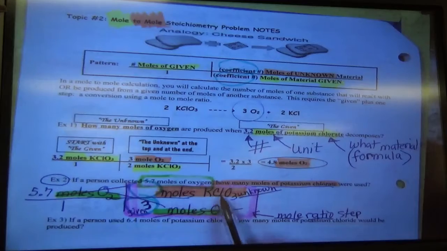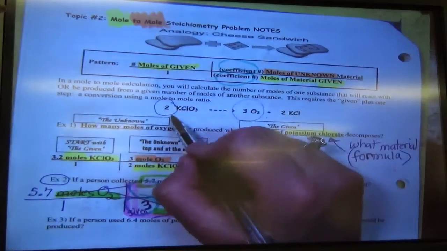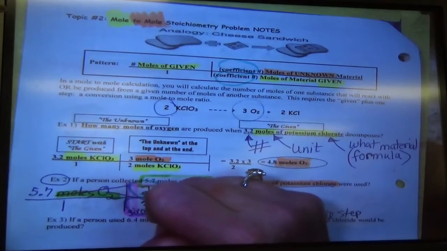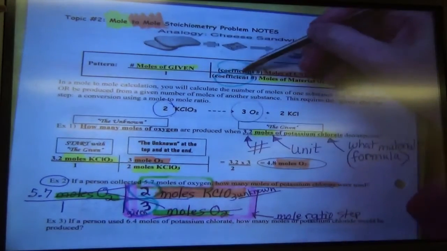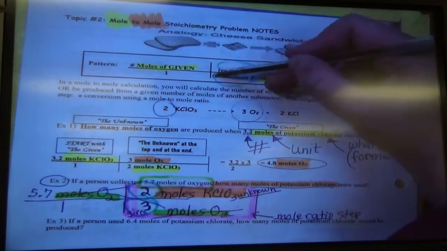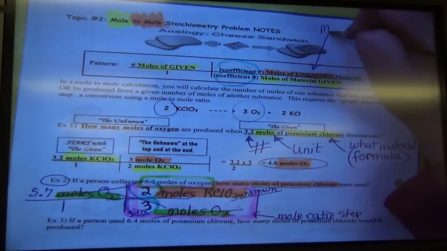And look at KClO3. What number's in front of KClO3? A 2. And that's where my 2 comes from. So again, a mole ratio step, just like it says here in the notes, it's going to use coefficients. This right here is the mole ratio step.